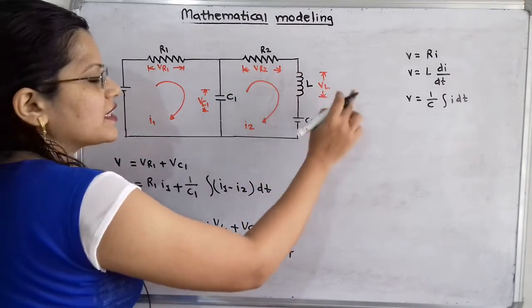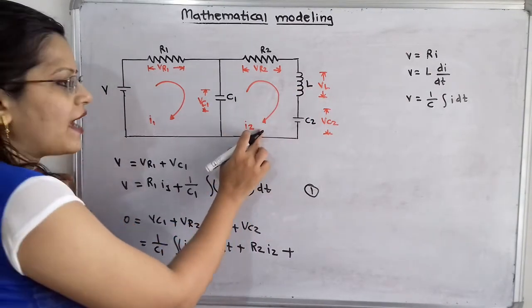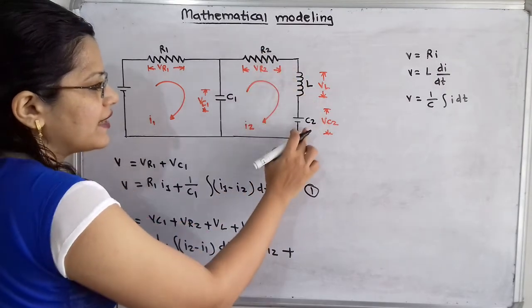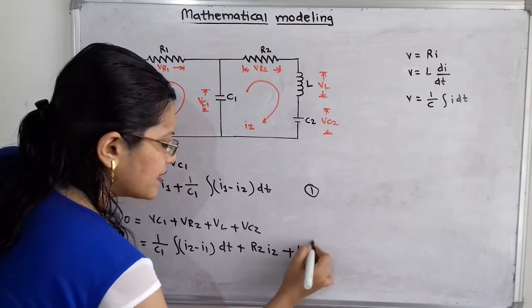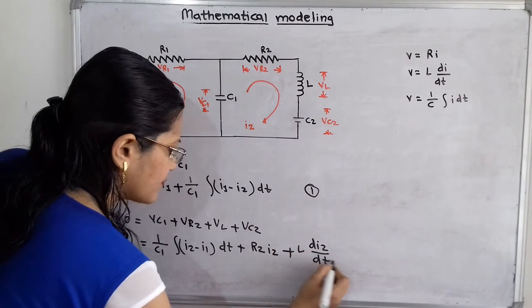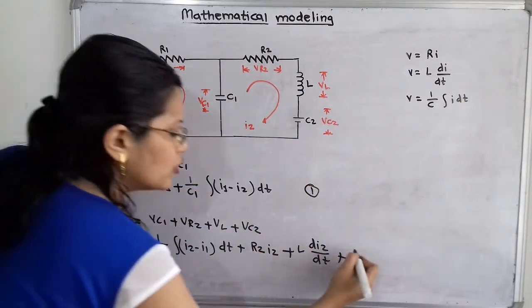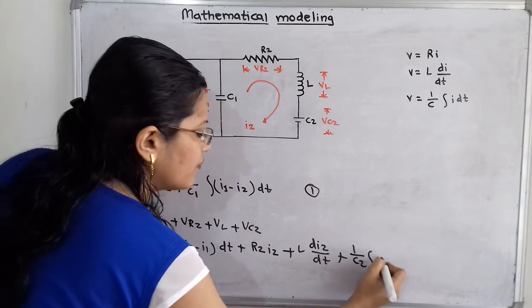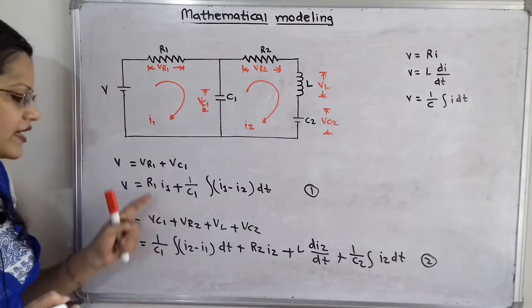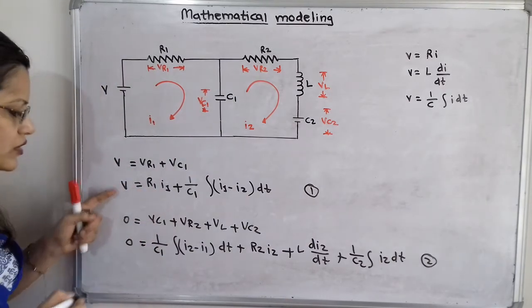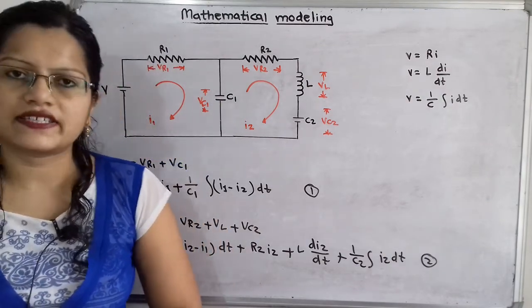VL is L di by dt, and across R2, L and C2 the current I2 is flowing, so L di2 by dt, plus VC2. Again we use the same formula with C2: 1 by C2 integration of I2 dt. So this is the second equation, with 0 on the other side. These two equations represent the mathematical model for the given electrical network.